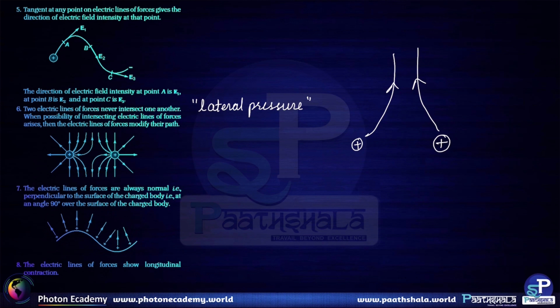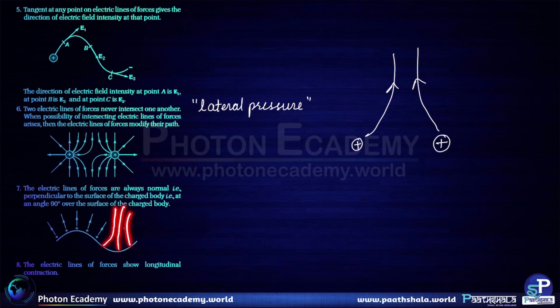Here also, even if it appears that the electric field lines are intersecting, they actually are not; this line will move like this and this line like this, because electric field lines cannot intersect, just like equipotential surfaces cannot intersect.